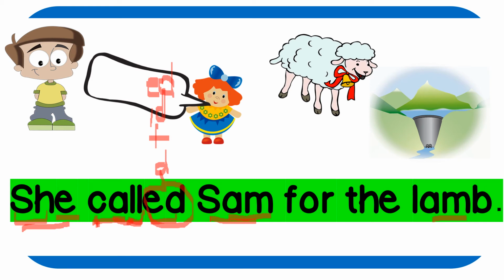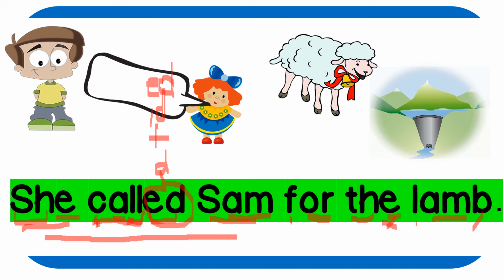Some. Let's read from the beginning. She called some. O, one out together. O. T and H make the sound th. And the E is silent. The. Can you remember this word?